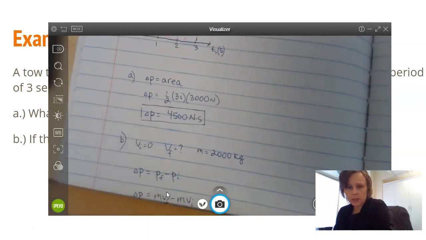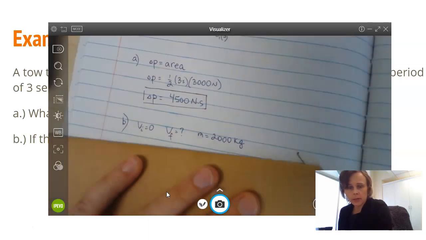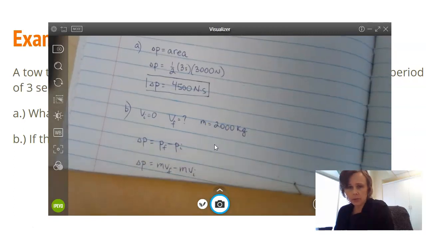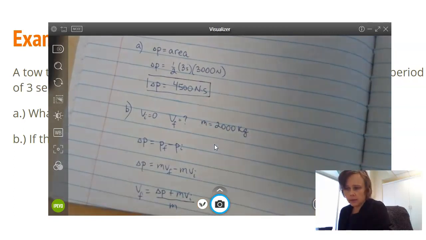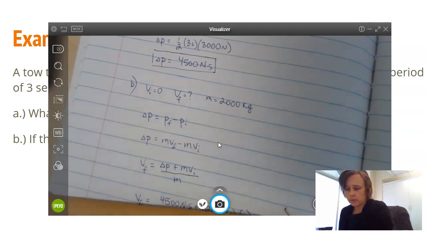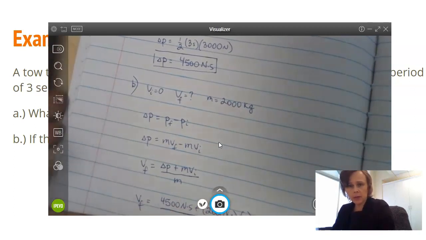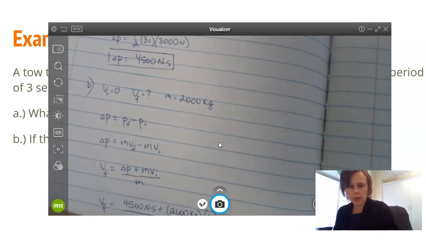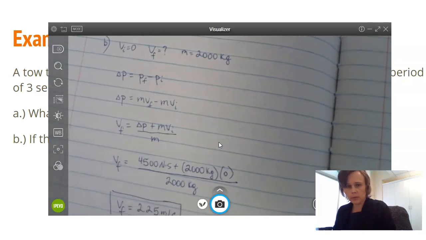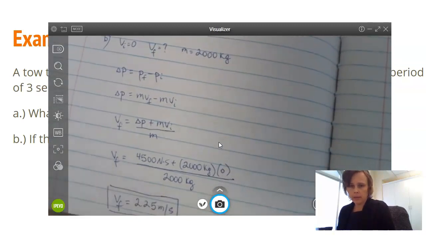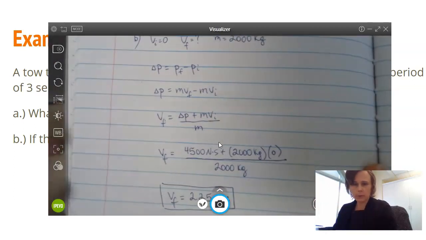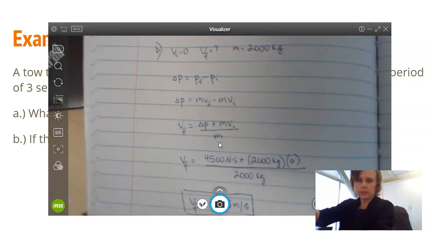For finding the velocity, we can write that the initial velocity was 0, the final was unknown, but we know the mass of the object, so we can find the velocity by knowing the change of momentum and the mass of the object. We find the velocity by substituting the values, and the final velocity is equal to 2.25 meters per second.